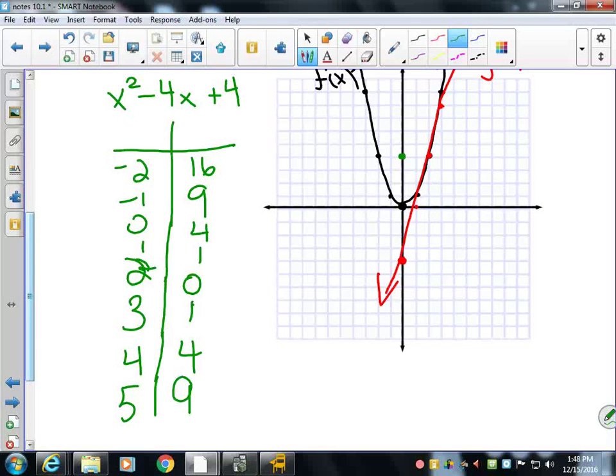So our vertex is 2 and 0, and then around from there, 1 and 1, 3 and 1, 4 and 4, and 5 and 9. Do you see we just shifted the parabola over?